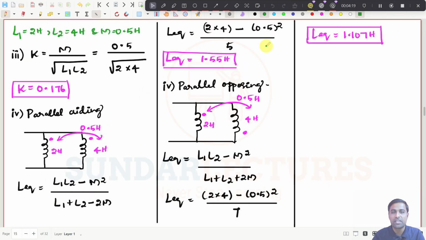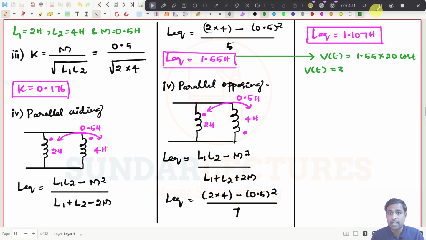And for this one, maybe I will write here. V of t will be the same formula. It is 1.55 into 20 cos of t, and V of t I am getting to be 31 cos of t. Okay, fine. This is for parallel aiding.